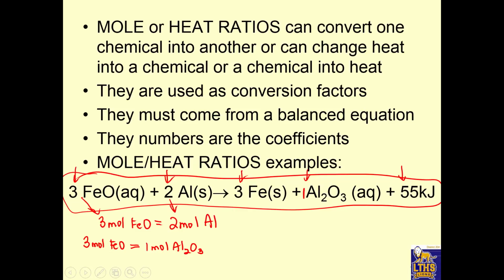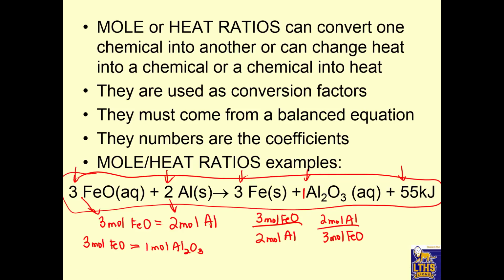So the coefficients mean equalities based on this chemical recipe. So we can use these as conversion factors. So 3 moles FeO for every 2 moles of aluminum, or we can say 2 moles of aluminum for every 3 moles of, I meant to say FeO here, FeO.